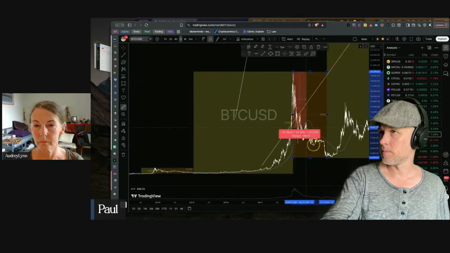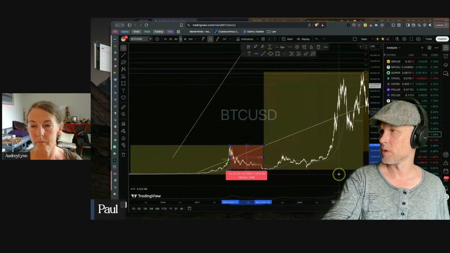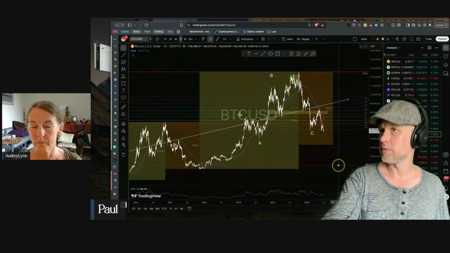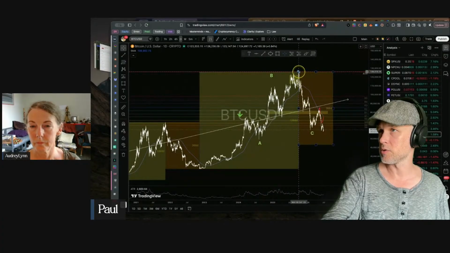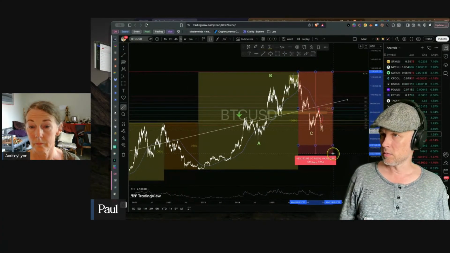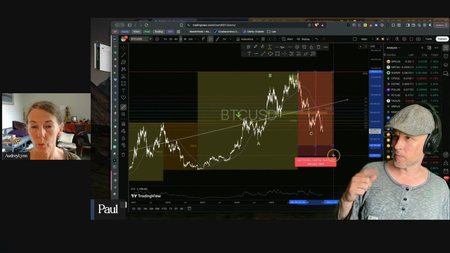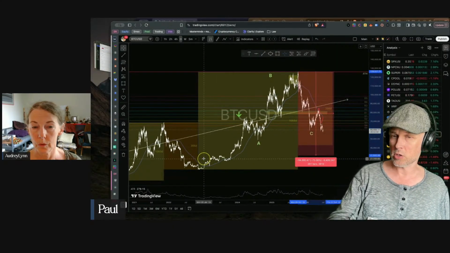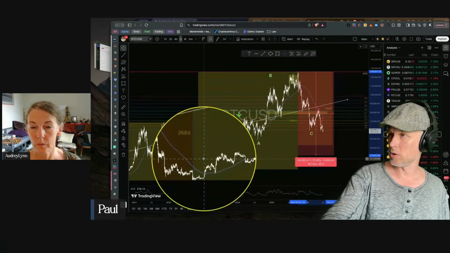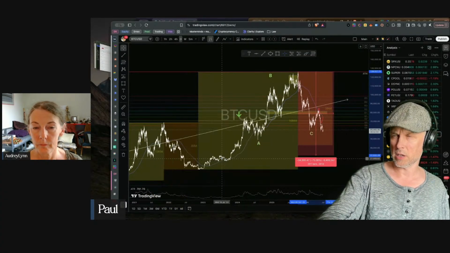This one, 81%. So where does that leave us if we were to go down 75 to 80% here? That's going down into the 30,000s. Market structure for this next low could very well be down in this area here.